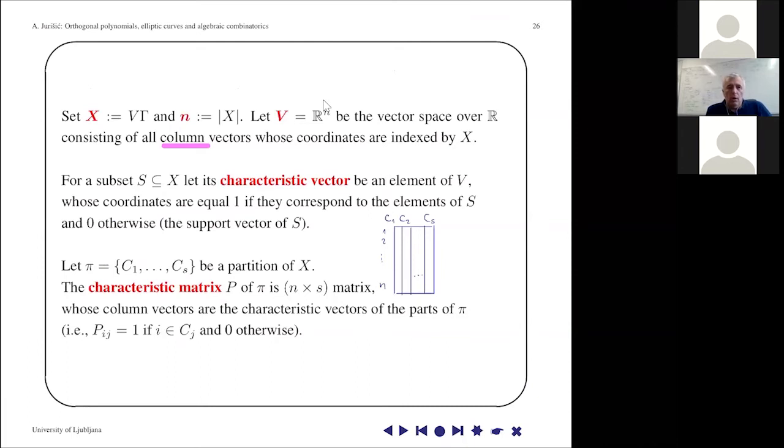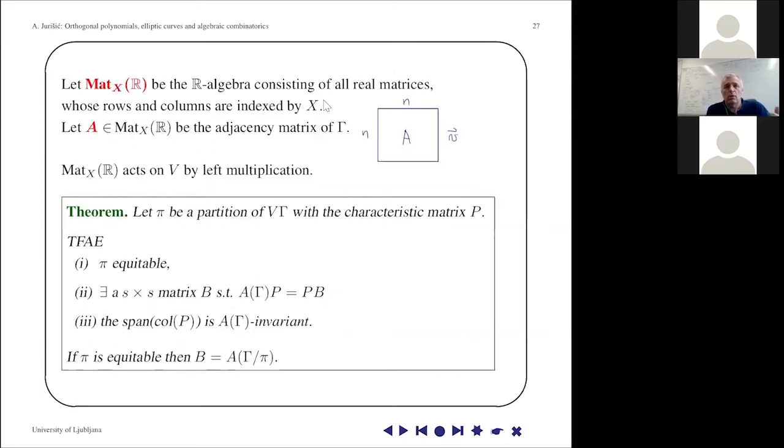Okay, so Dean was also talking about how to make a characteristic vector of some set, the support vector of the set. And if we put all the support vectors of a partition together, we can build the P matrix, and then we have this characterization property that a partition is equitable if there exists such a matrix B so that AP is PB.